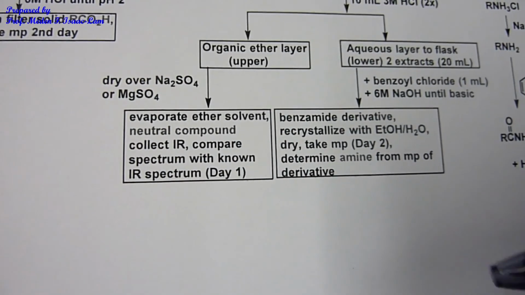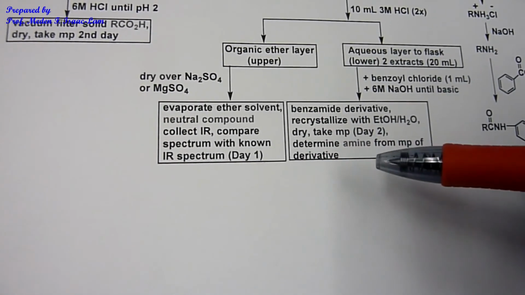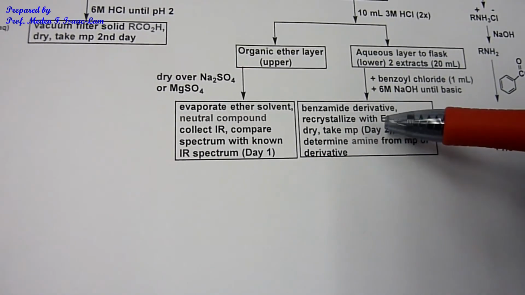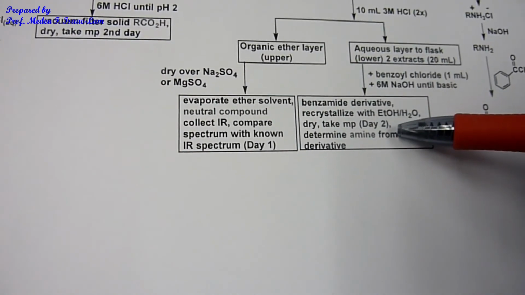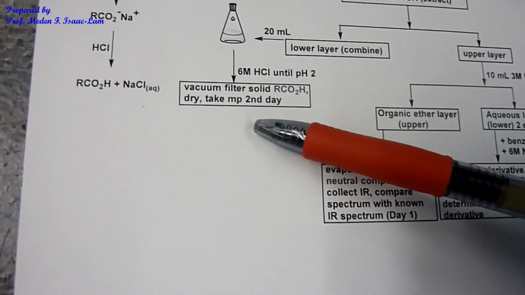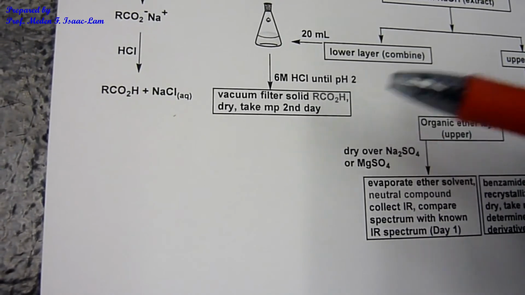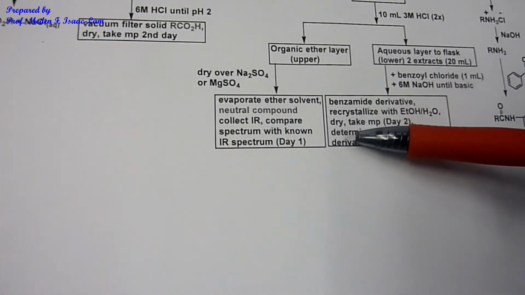The last part of the experiment is now the melting point determination, which is for the benzamide derivative and also for the carboxylic acid portion during the second day of the experiment. So we are now in this part here, and also this part over here.